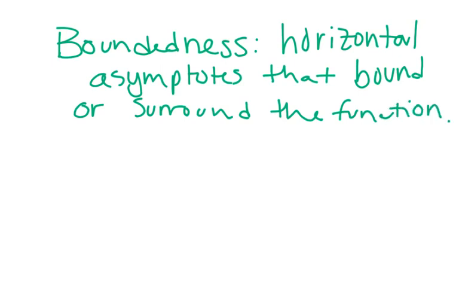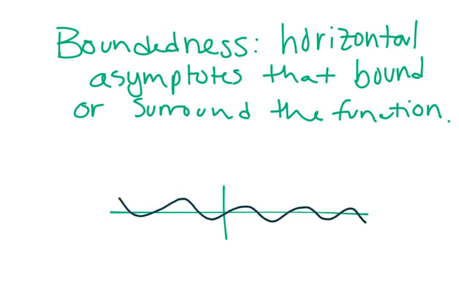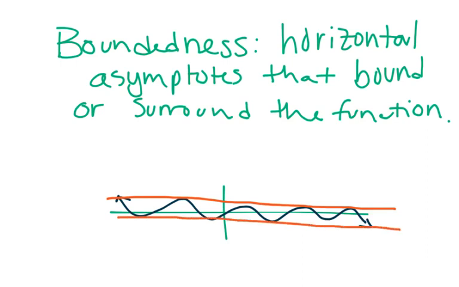So if we think of a very famous equation, one that we will in fact be looking at a lot, we could, for instance, do a sine or a cosine wave. And so what happens with this wave is that it doesn't actually ever go past 1. But the idea is that there's this peak that it only goes to, and in fact this peak at the bottom as well. So this is your bound. This is what we call our upper bound, and this would be the lower bound.